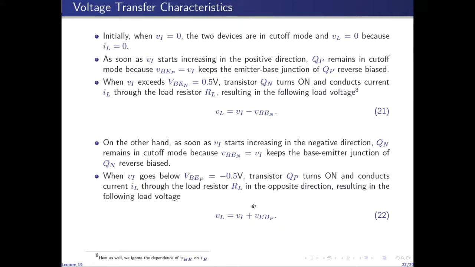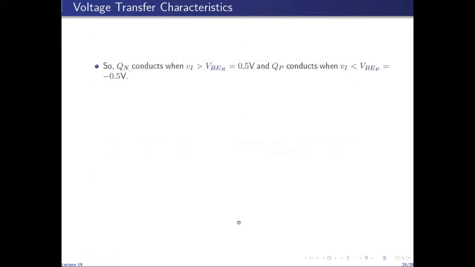So VL is VI plus some shift. So VL is given as a shift in the input signal VI. So in short, we see that QN conducts when VI is greater than about 0.5 volts, and QP conducts when VI is less than about minus 0.5 volts or so.